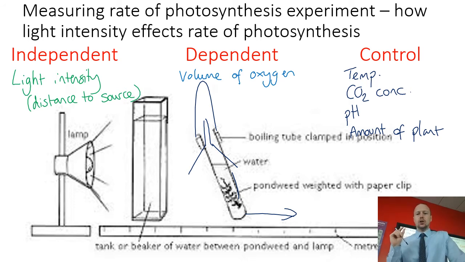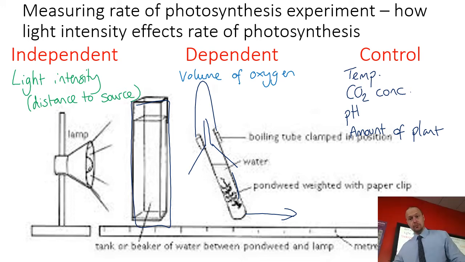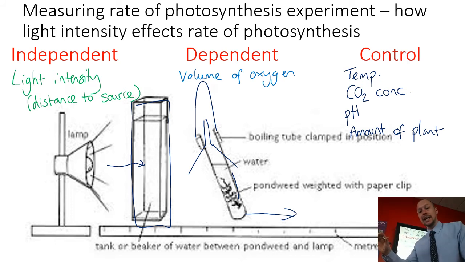Right, things we would have to control. So the temperature would be important because a higher temperature might increase or could decrease the rate of reaction. One way we can control the temperature is we can put a beaker of water in front of the light bulb, which would absorb the infrared radiation, so this would absorb the heat, allowing just the light to pass through.